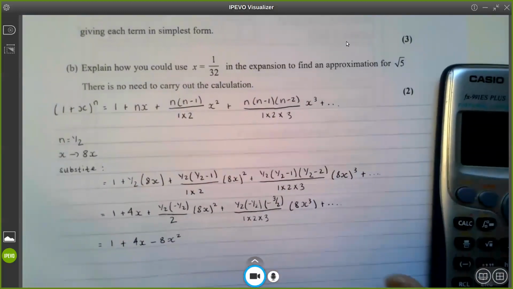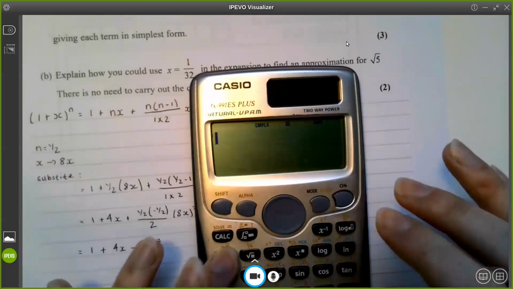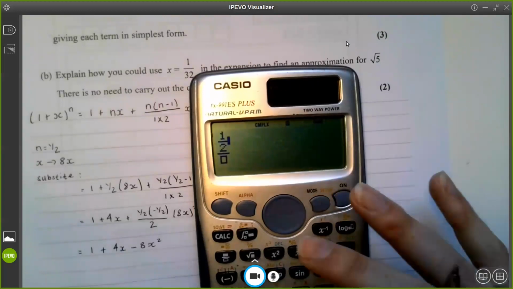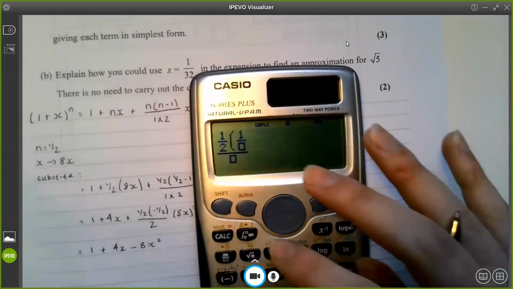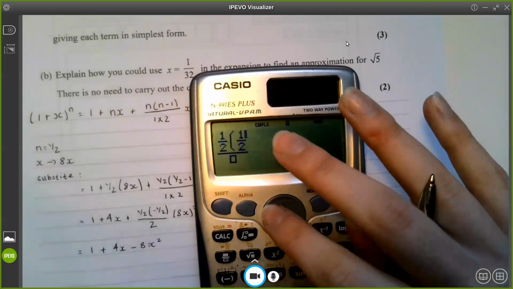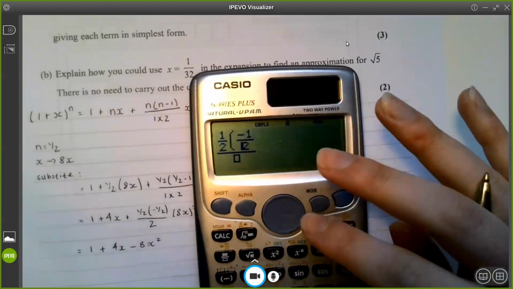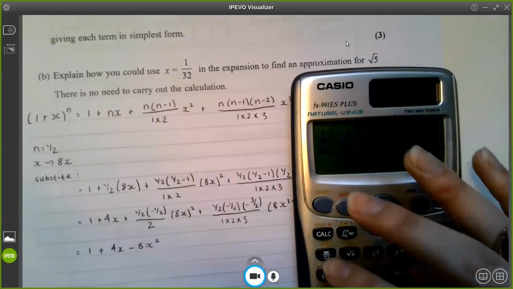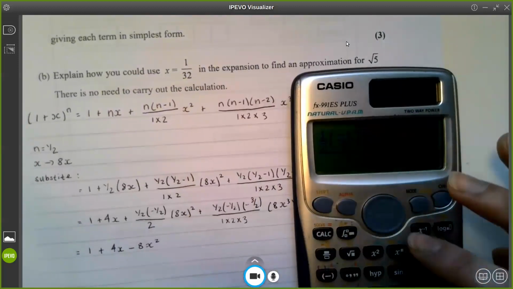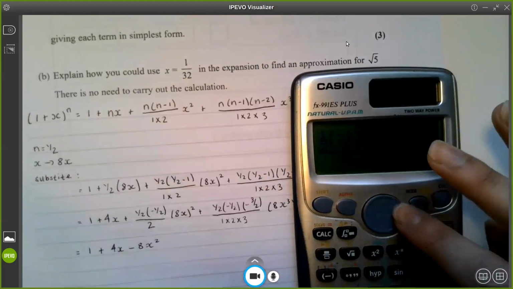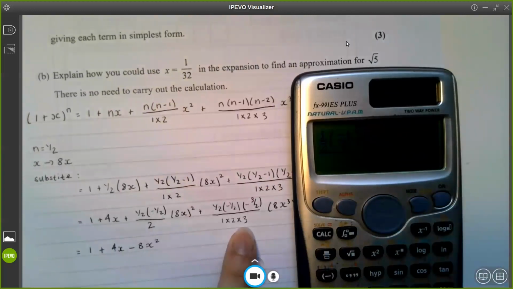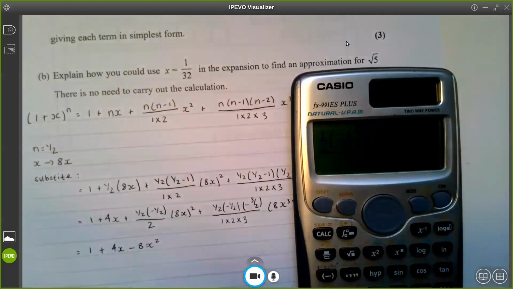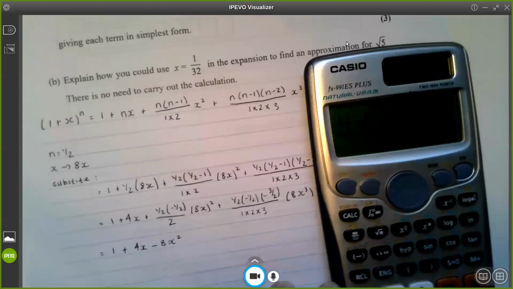So let's do the other one. This time I've got a half times minus a half times minus 3 over 2, over 1 times 2 times 3, which makes 6, and I've got that times 8 cubed.